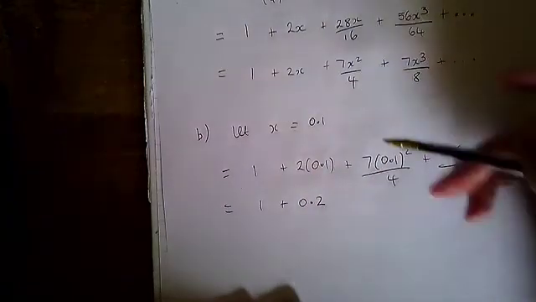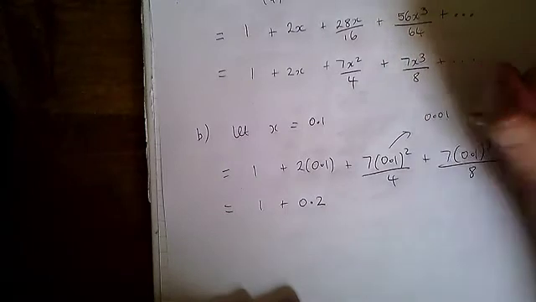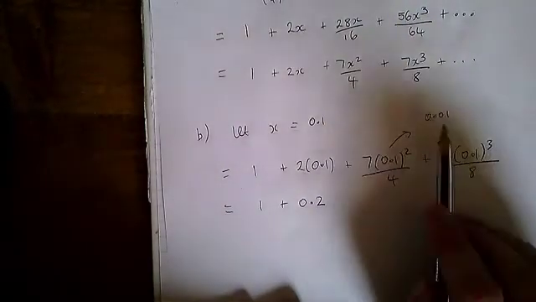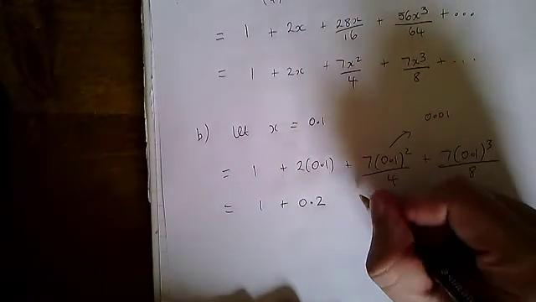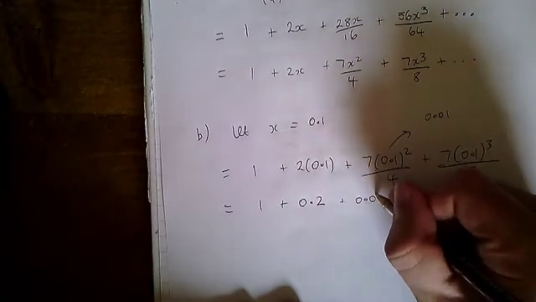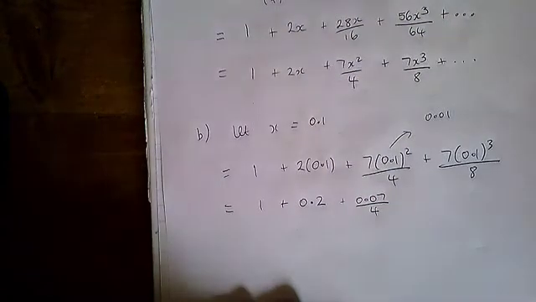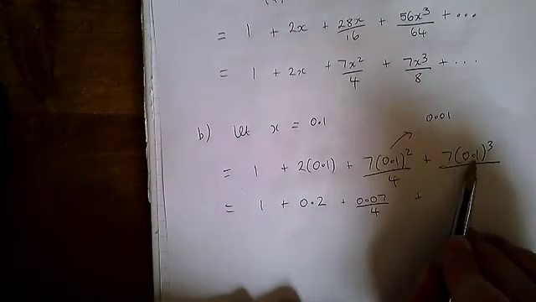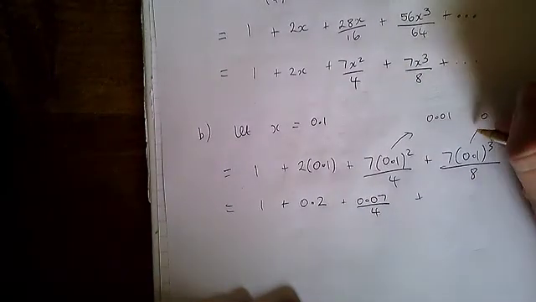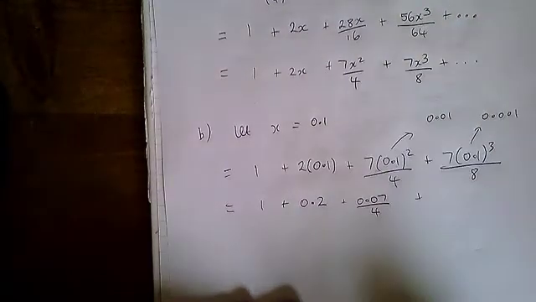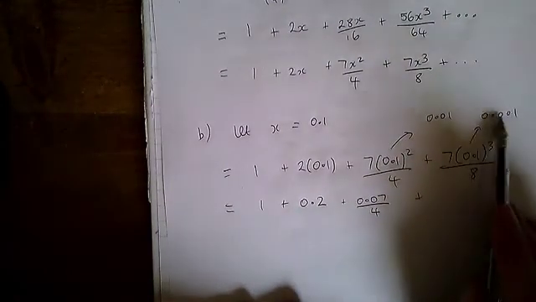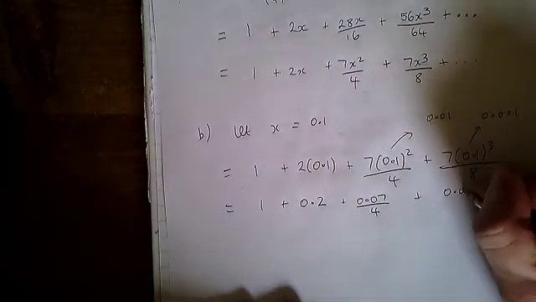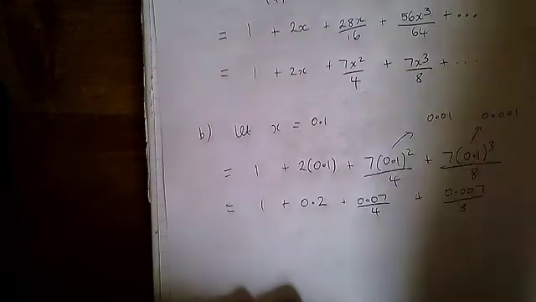0.1 squared, now that would actually be 0.01, okay? 0.01 times by 7 would be 0.07, so I'm going to write that now, 0.07, but I'm going to leave that over 4. I'm not going to expand that quite yet. And then plus, 0.1 cubed would actually be 0.001, okay? 0.001 times by 7 would be 0.007 over 8.